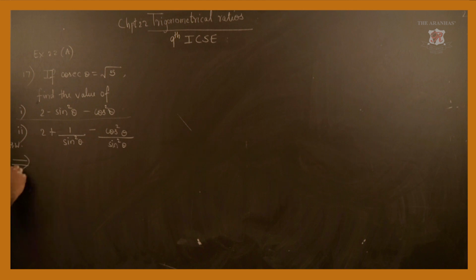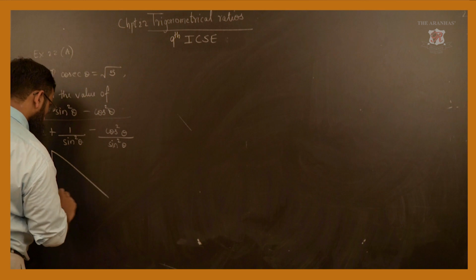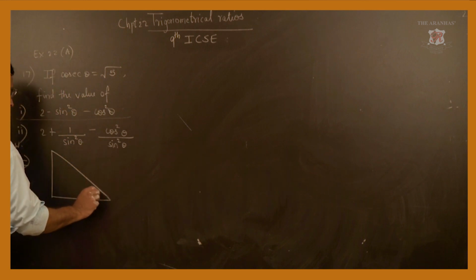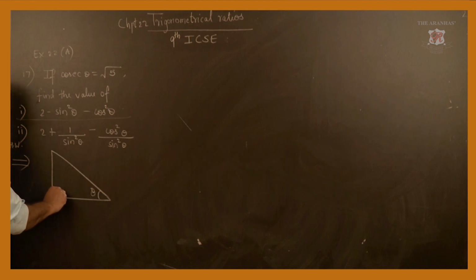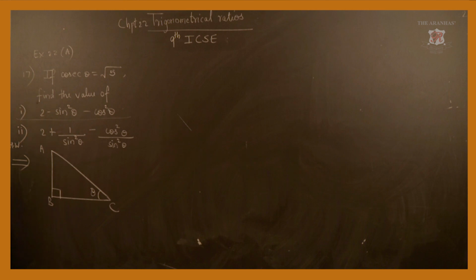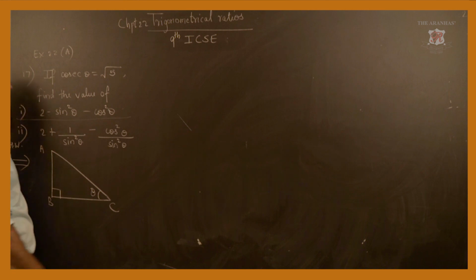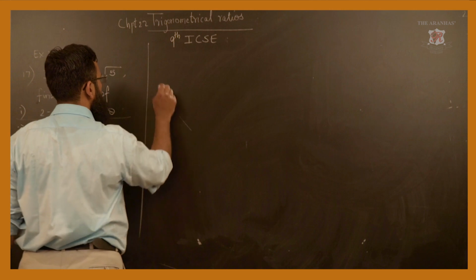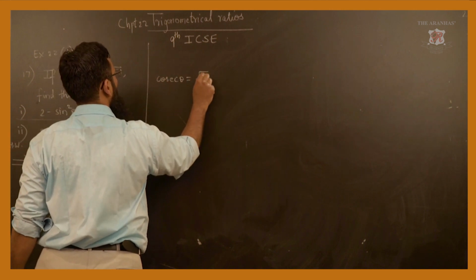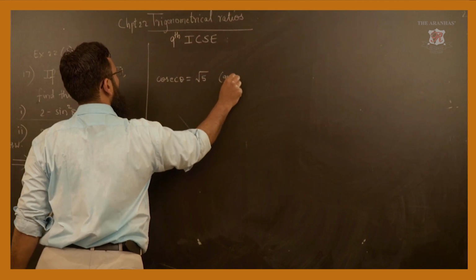But let us start, as I told you, whenever such kind of numericals are given, the first thing is considering an angle theta, drawing a right angle triangle ABC, and focusing on the given part. The given thing over here is cosec theta is equal to root 5.